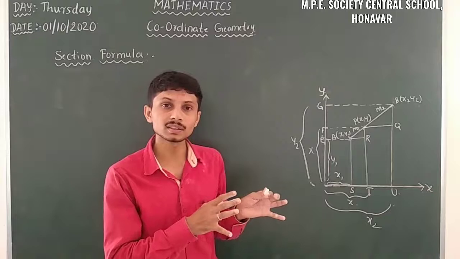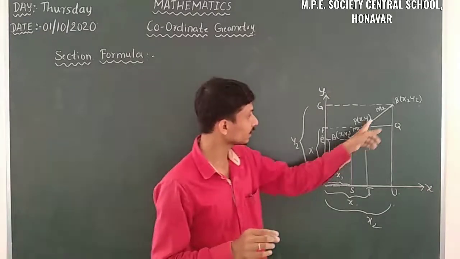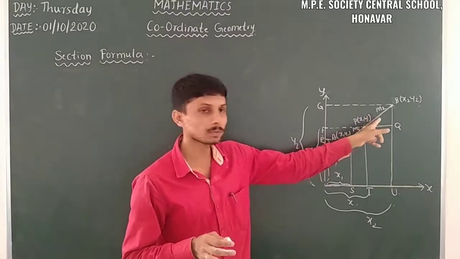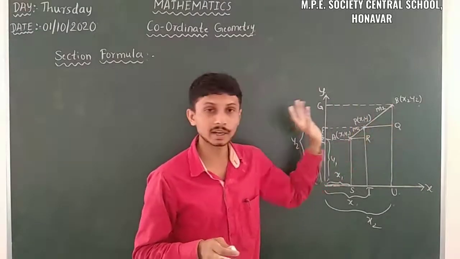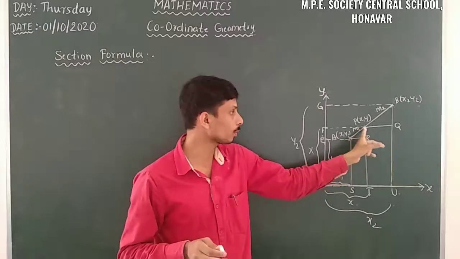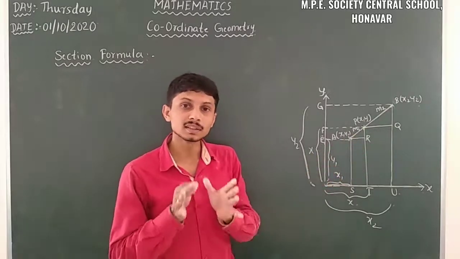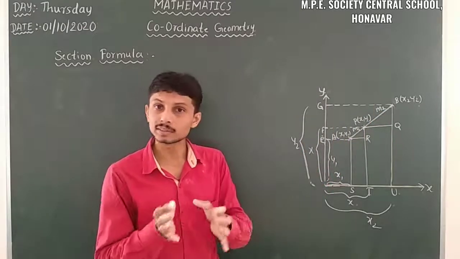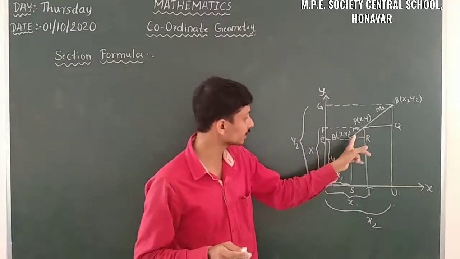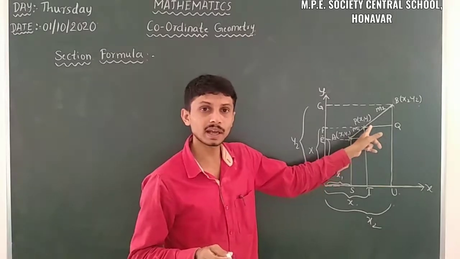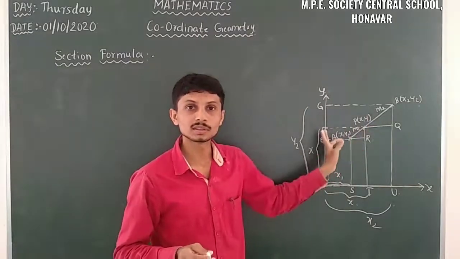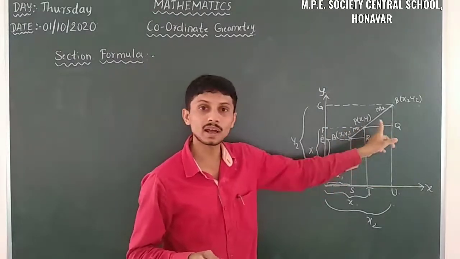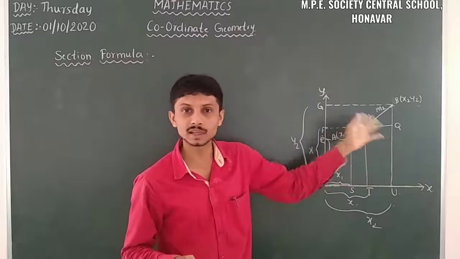These two triangles are formed from a single straight line, and they are also formed from perpendicular lines. So inside the triangles we have similar angles. When we consider this angle and this angle, they are corresponding angles from those two triangles, so they are equal, and these two angles are 90 degrees, so they are equal.